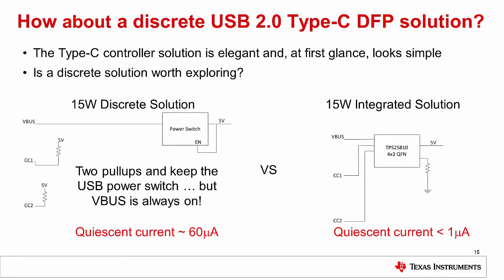And we leverage that fact in our parts like the TPS25810 to have the quiescent current be very low, less than 1 microamp. So the first difference I want to highlight is that quiescent current is dramatically different between a legacy power switch and the TI Type-C integrated solutions.